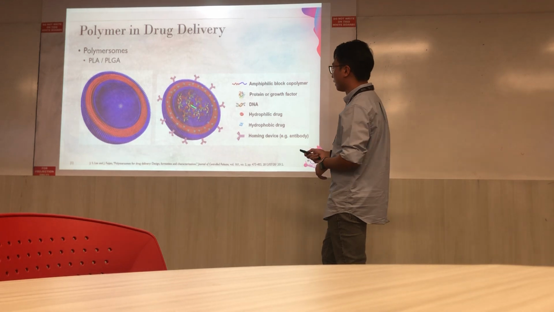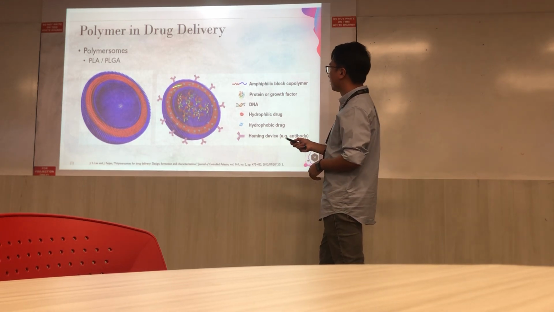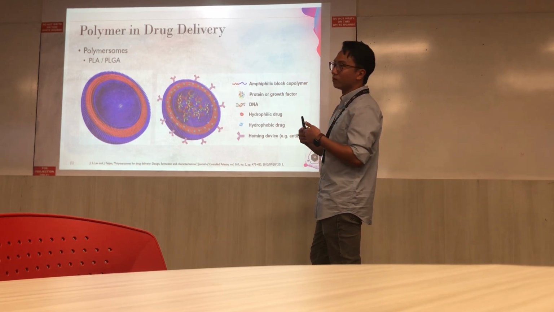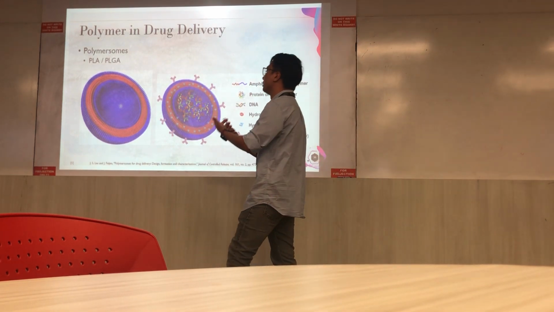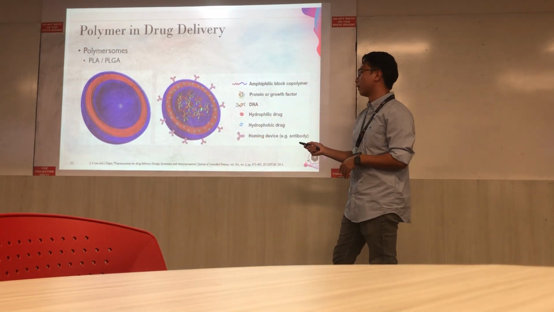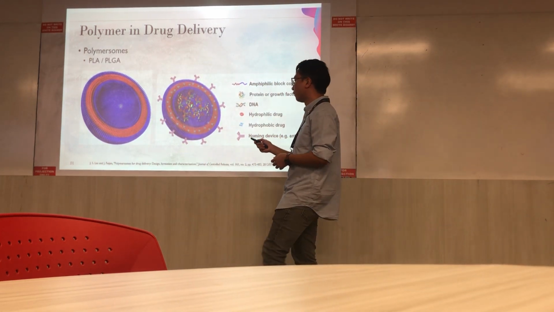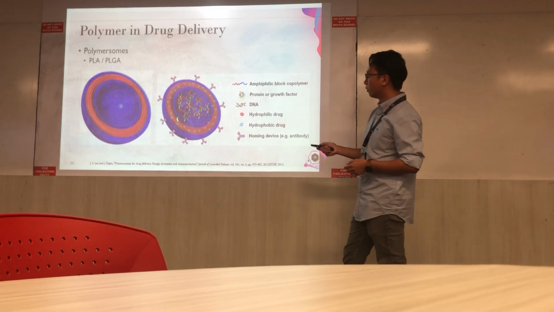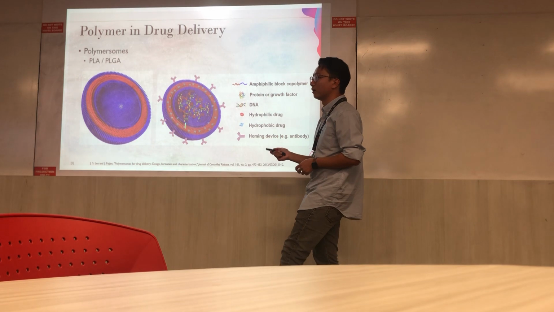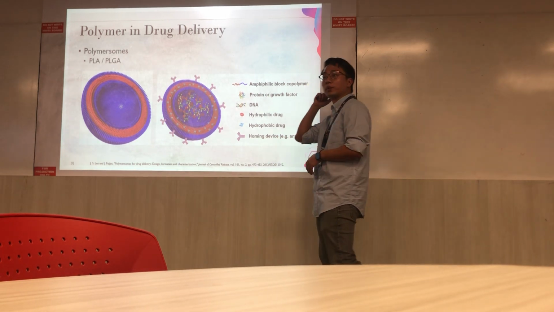Each red and blue is one molecule of your polymer. The red and red will interact with each other to form a 3D structure, like a balloon or a hollow ball. So you can hold different things inside. Things that are hydrophilic, you can hold inside. Things that are hydrophobic, you can hold within here. And you can even attach stuff at the surface to give it certain properties.